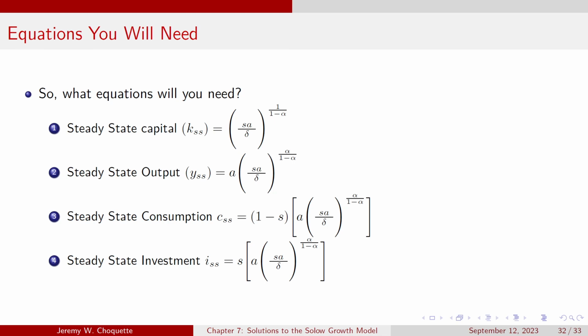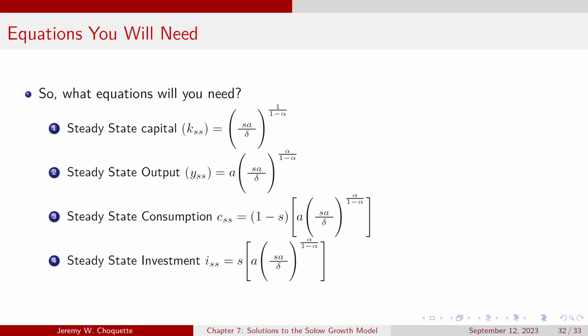If that's the case for steady state capital, and capital feeds into output, then if something increases steady state capital, it's going to increase steady state output as well. If something decreases steady state capital, it's probably going to decrease steady state output. And from there, remember, output is equal to the sum of consumption and investment.